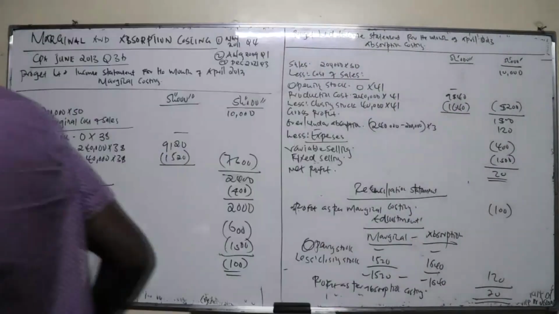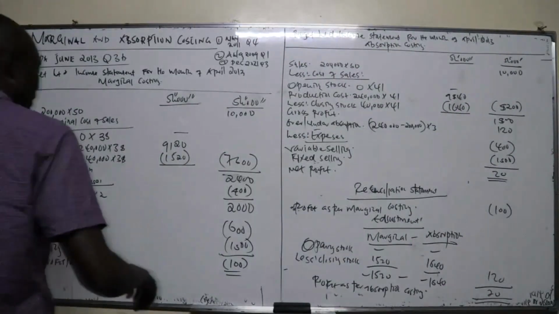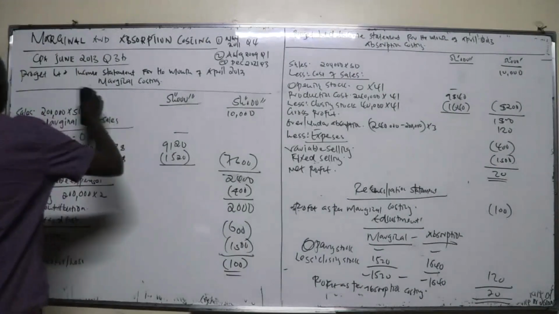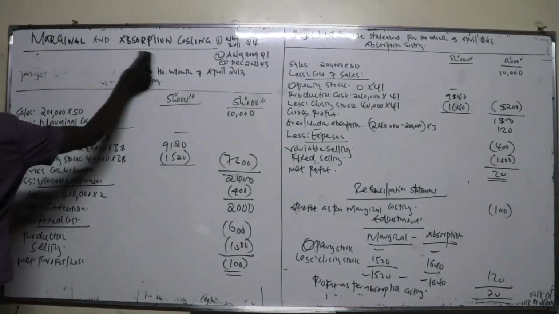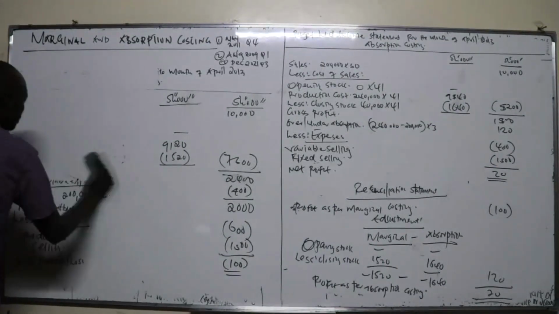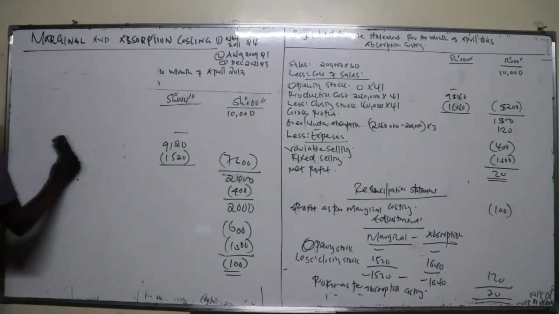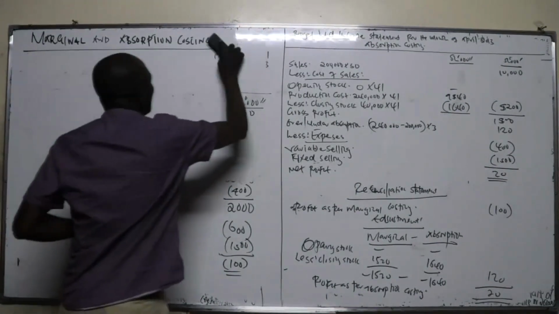Part of this topic, we call it CVP analysis, or break-even analysis. So application of marginal costing, and we want to look at what we call the CVP analysis.